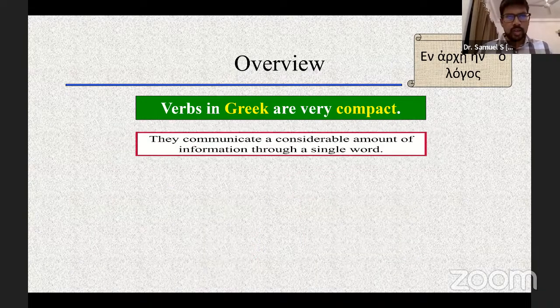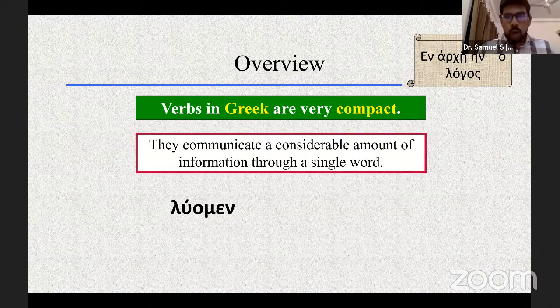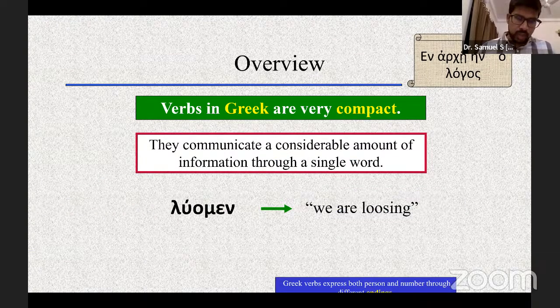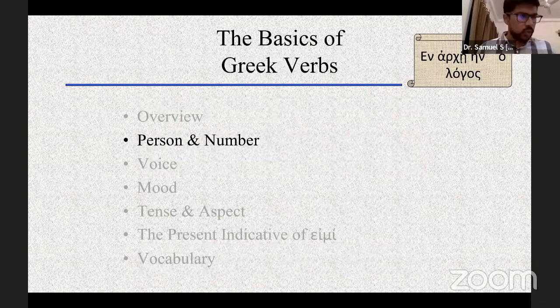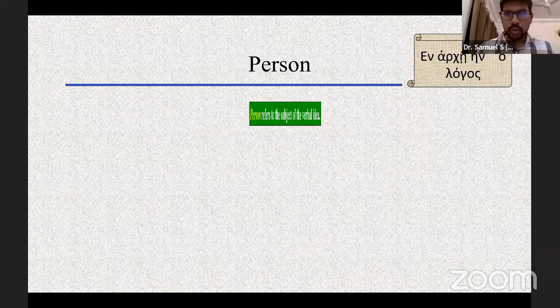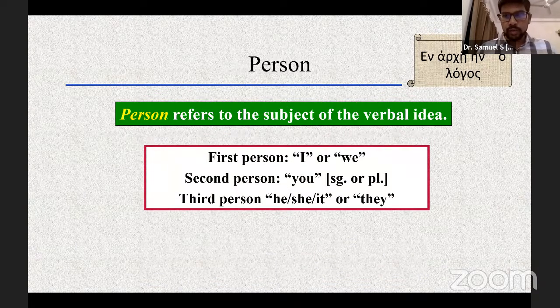Whereas in Greek, one verb is able to communicate the person, whether it's first person, second person, or third person, and also number, whether it's singular or plural. And all of this was covered last week. You can always go back and review. I'm just quickly running through. Once we reach slide 19 is where we pick up.